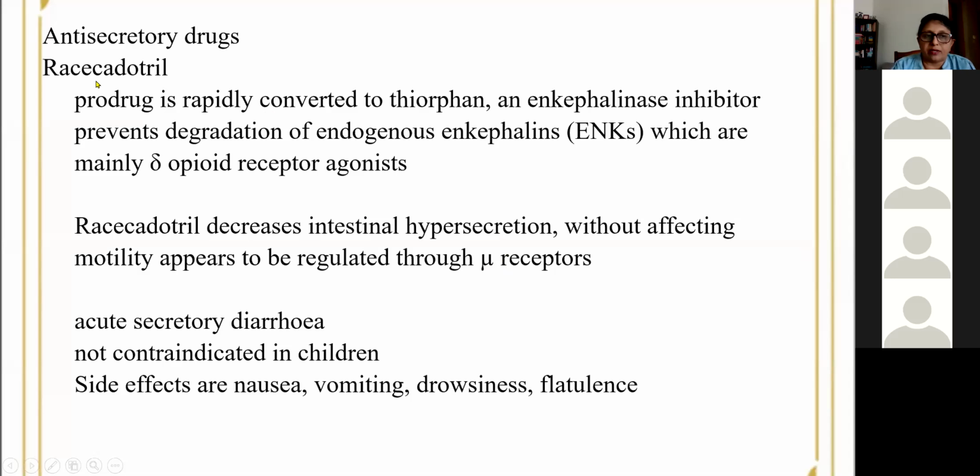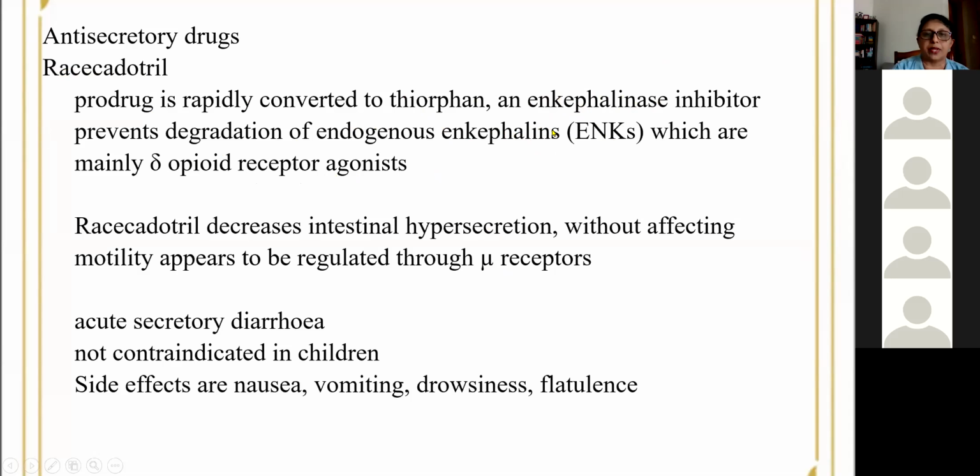Okay, now I'll be talking about one drug called racecadotril. Racecadotril is a prodrug which is converted to thiorphan. And it is an enkephalinase inhibitor. So listen, it is an enkephalinase inhibitor. This enkephalinase is an enzyme which causes the degradation of enkephalin. Enkephalins are opioid receptor agonists.